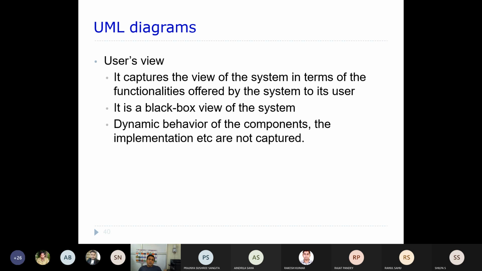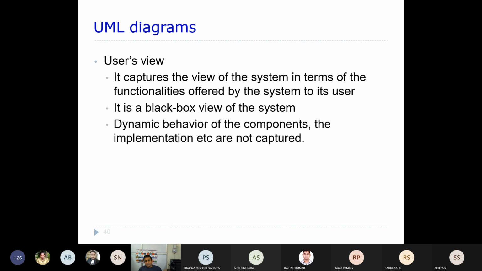It is a black box view of the system, where we do not know how this will be implemented or what the internal details are. What we know is that if I insert my card and give my PIN code, I should be able to withdraw money from my account. But how these transactions are implemented, the different logic, internal details, and internal structure, are not known to us at this point of time.